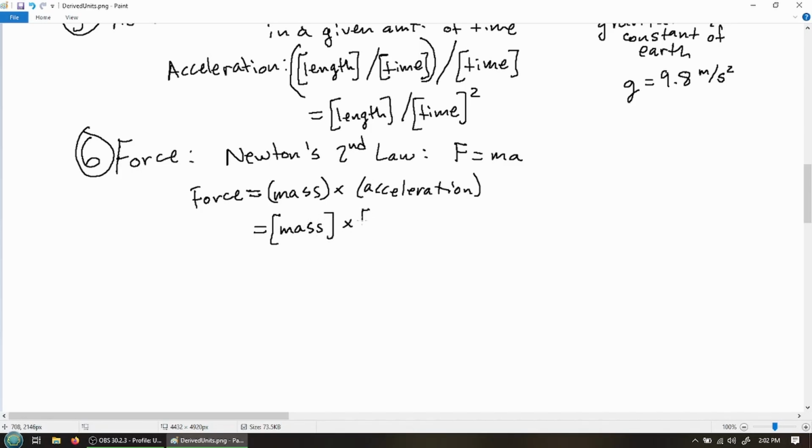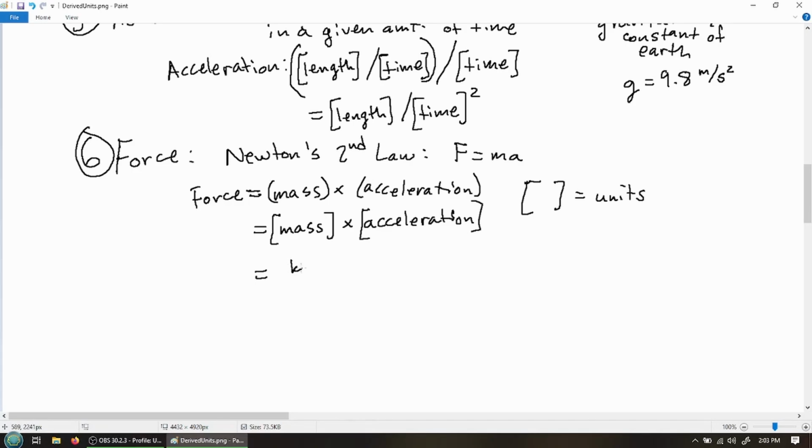I'll note that square brackets here will be units. So we know that this is going to be units of mass, like kilograms, times units of acceleration.